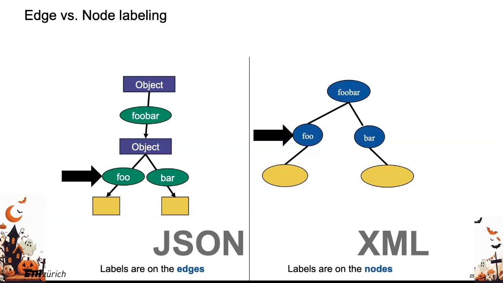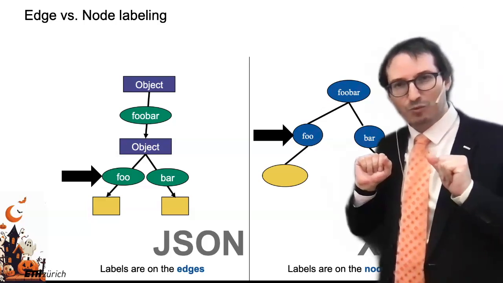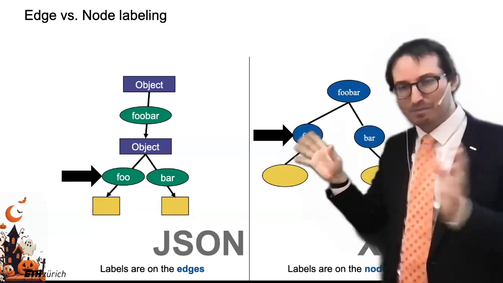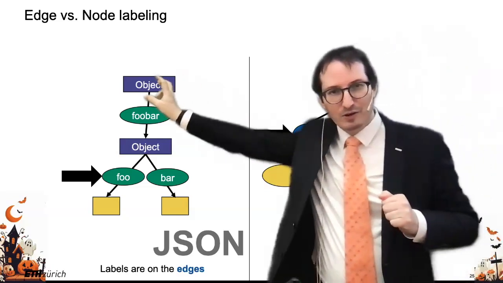Yeah, I meant something slightly different. Oh, sorry. So you said in JSON, the nodes don't know their parents because the labels are on the edges. But I mean, in this kind of intuition, why should you not know the edge label? So let me explain that more precisely. I'm already getting into details here. So the idea is, when you define a model, this one or this one, you basically say what nodes you have.